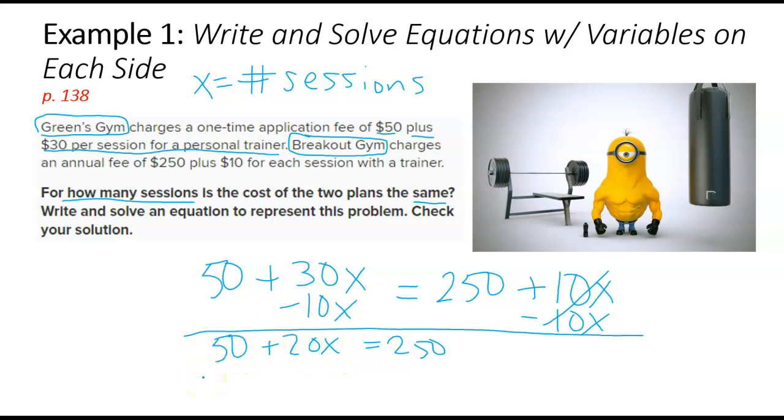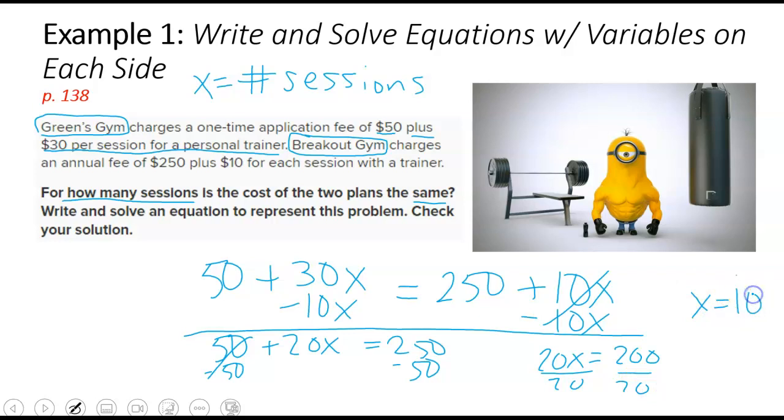We'll start with the 50. So we subtract 50 from both sides, and I'm going to write it over here. That gives us 20x equals 200. That cancels. And then divide both sides by 20, and we get x equals 10.